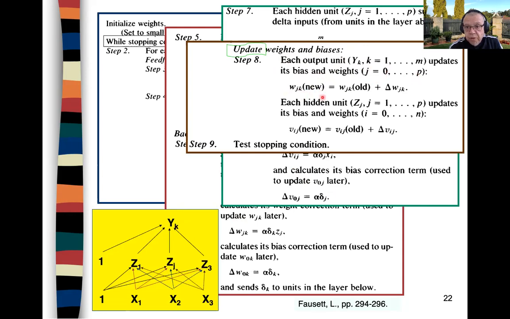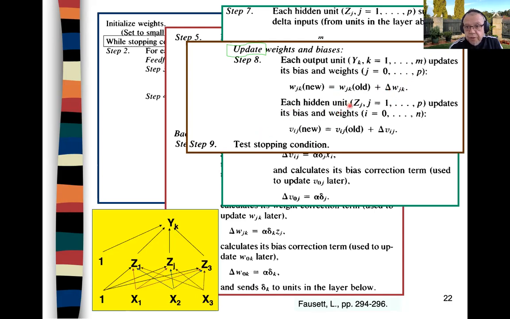So the wjk, the weight between this node and this node, is equal to the old weight, remember, we had initialized them randomly, plus delta wjk that we computed before.